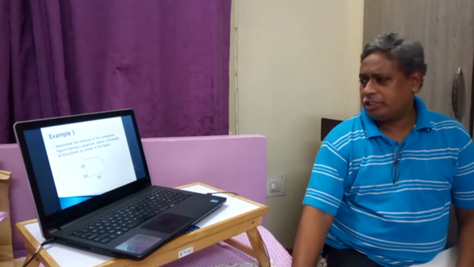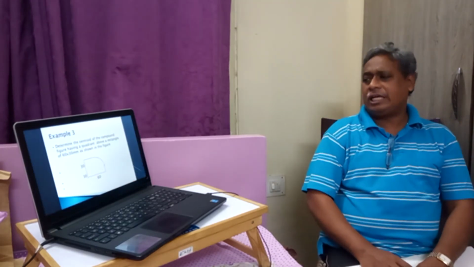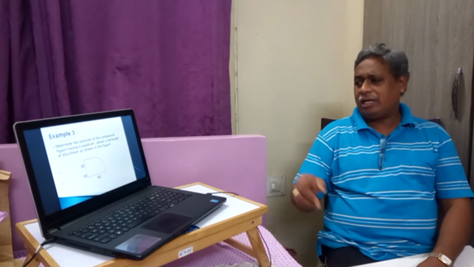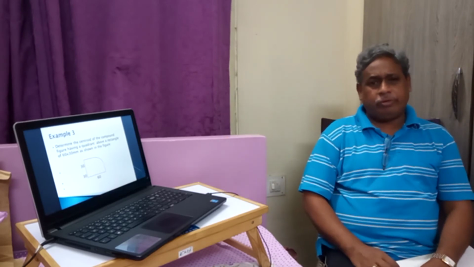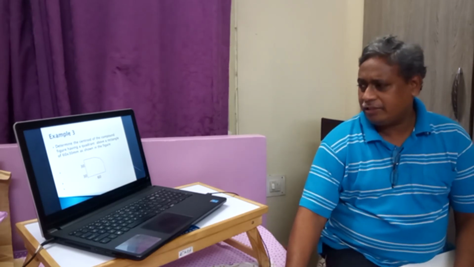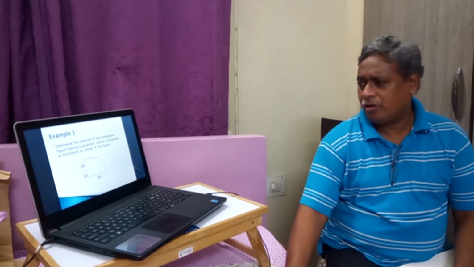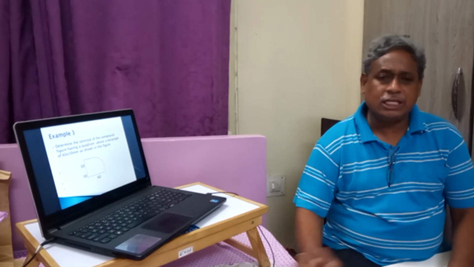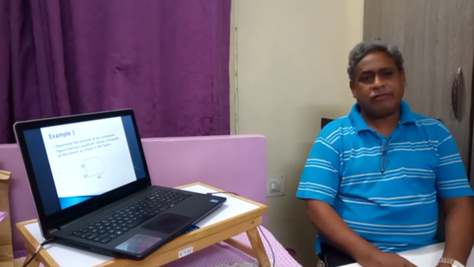This is the actual figure, that is, it has a height of 60 and a width of 60. There is a quadrant, a curve starting from half here to half here. This is a circular curve, so it forms a quadrant.